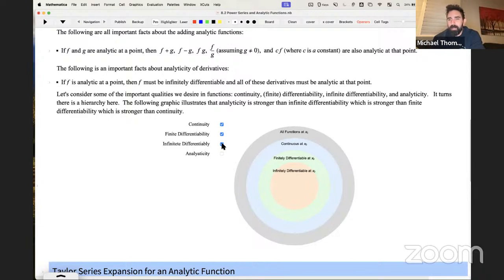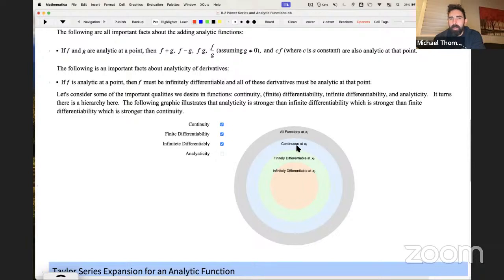The next derivative is 2, plug in a 3. Next derivative is 0, plug in a 3. Next derivative is 0, and so on. There's no problem, right? So infinite differentiability is even more desirable, and it's harder to be infinitely differentiable than finitely differentiable, which is harder than being continuous, which is harder than being a normal function.